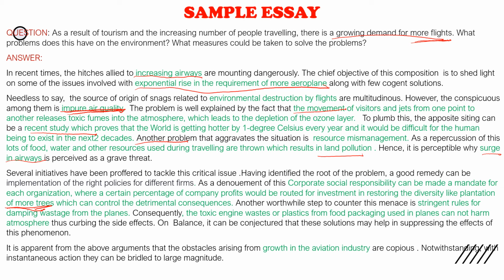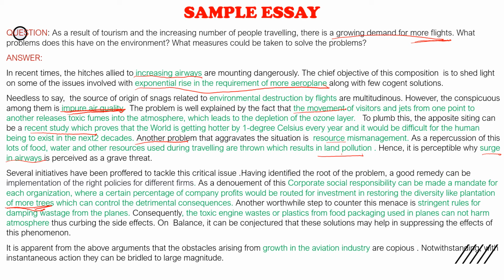And then another solution, another worthwhile step to counter this menace, is stringent rules for dumping wastage from the planes. So here it was resource management, because food and water and other resources are thrown and they are waste. So what can we do? Rules should be put so that the wastage is not dumped here and there, but into a proper place.